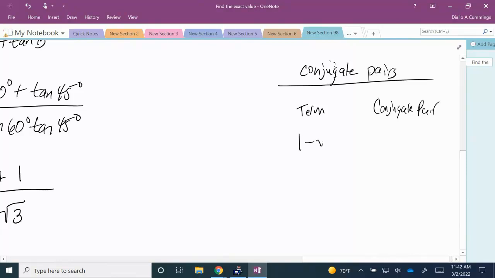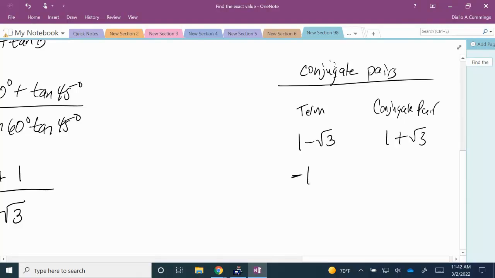So let's say we have 1 minus the square root of 3. In order to find the conjugate pair, you only change the sign of your second term. So the conjugate pair for the term 1 minus square root of 3 would be 1 plus square root of 3.